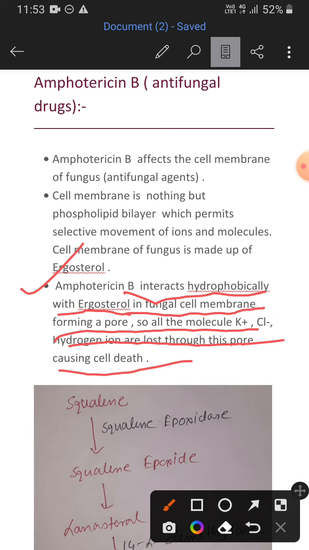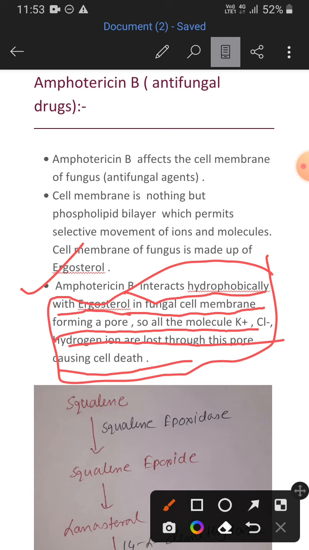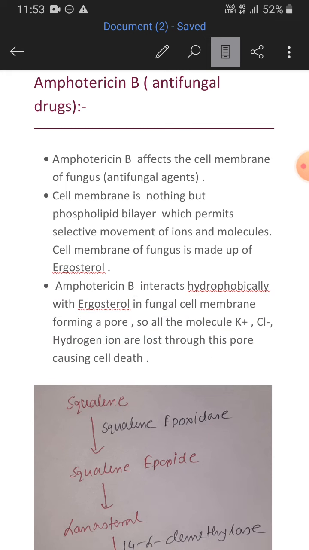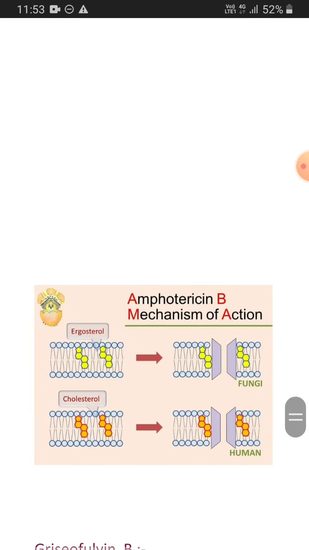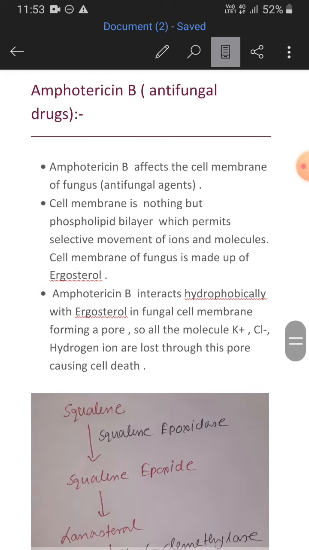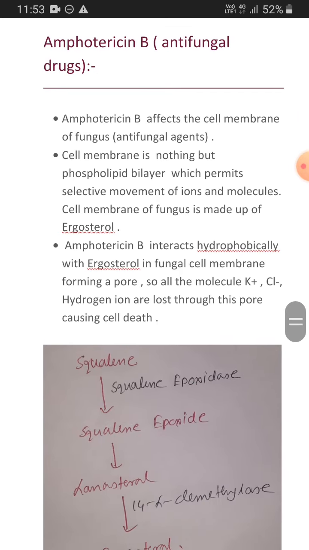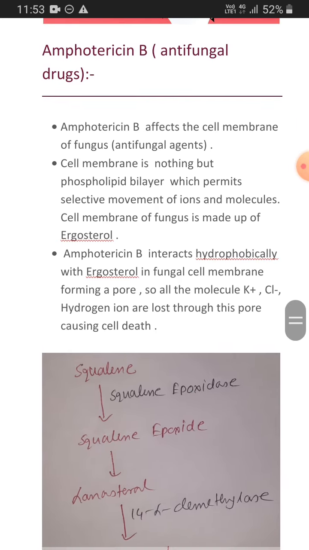It reacts with ergosterol hydrophobically and forms a pore so that K plus, Cl minus and hydrogen ions are lost through this pore, causing cell death. So amphotericin B is an antifungal agent, first thing. What kind of mechanism does it show? It affects the cell membrane. Now what is the mode of action?